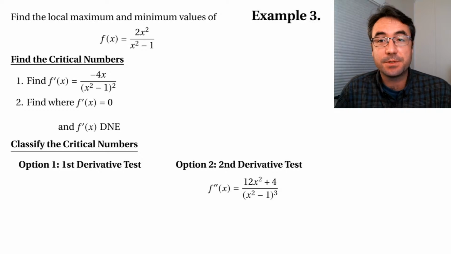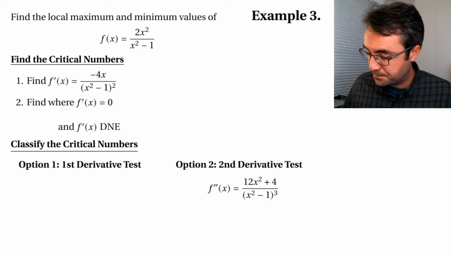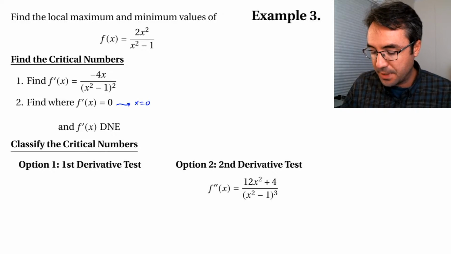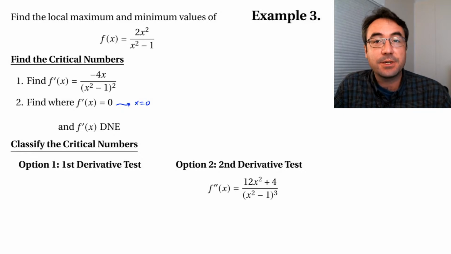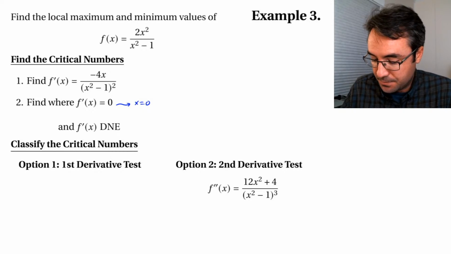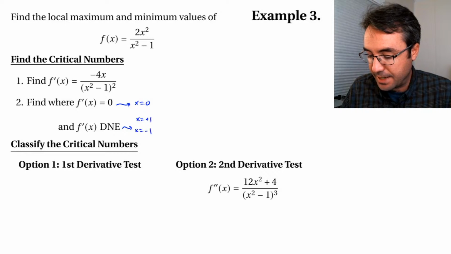Setting that derivative equal to 0, when we have a fraction, that's where the numerator is 0. So that gave us x equal to 0. And then when we have a fraction, looking for where the fraction's undefined, we look at where the denominator is 0. For this, we got two values, x equal to positive 1 and x equal to negative 1.